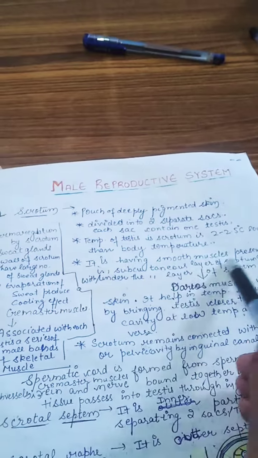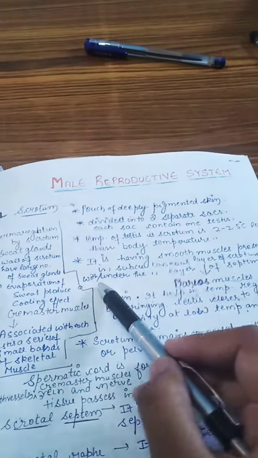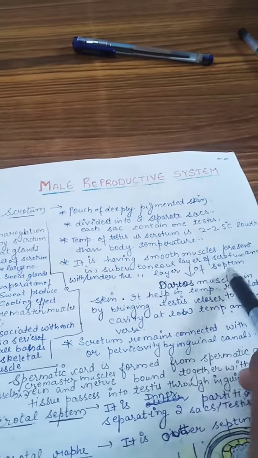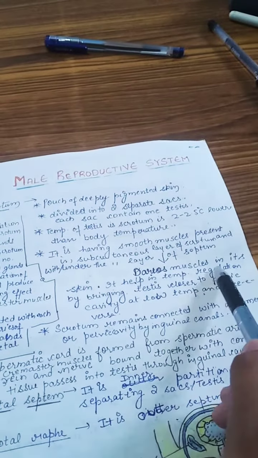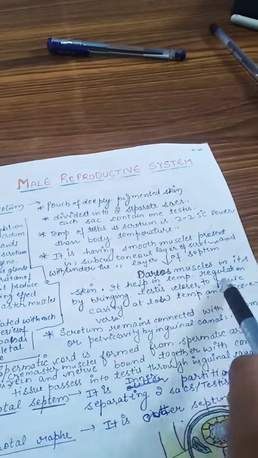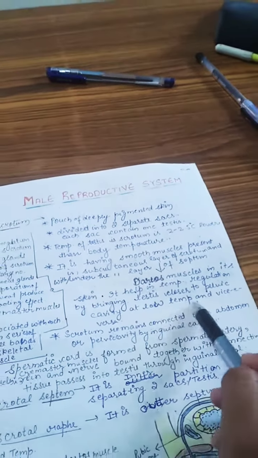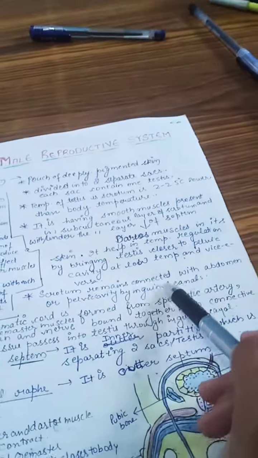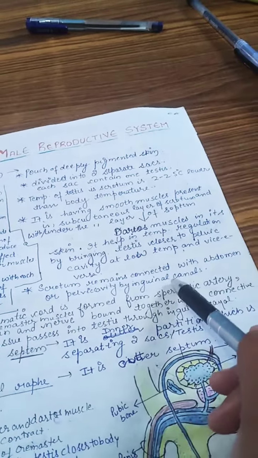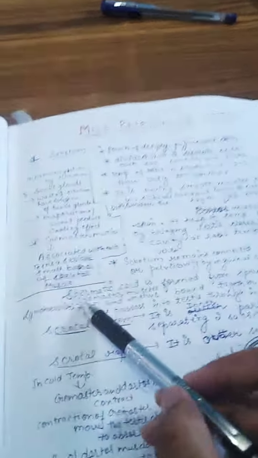There is smooth muscle present in the subcutaneous layer of the scrotum under the skin, that is the dartos muscle. It helps in temperature regulation by bringing the testes closer to the pelvic cavity at low temperature and vice versa. The scrotum remains connected with the abdomen or pelvic cavity by the inguinal canal.